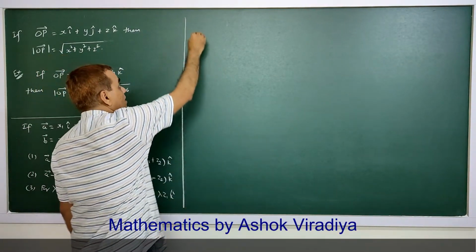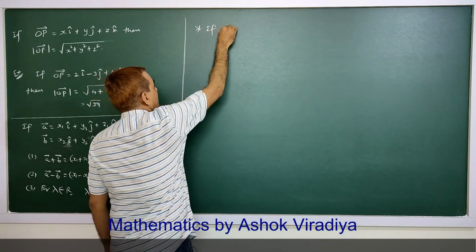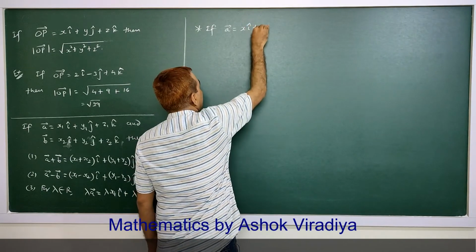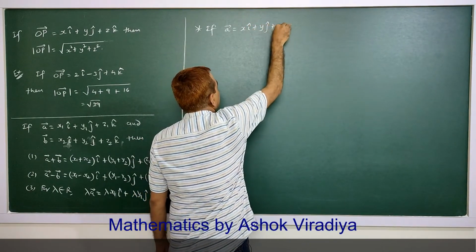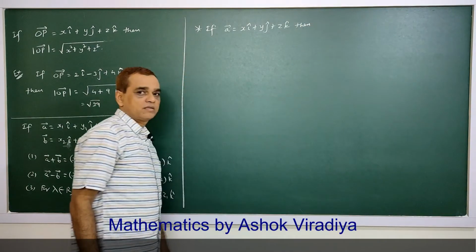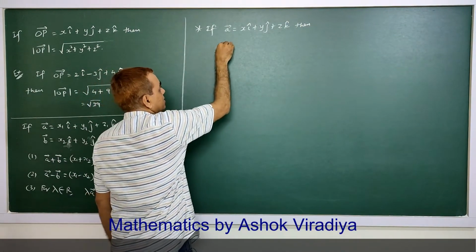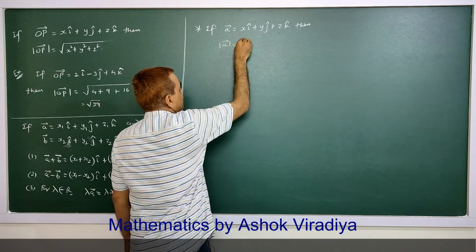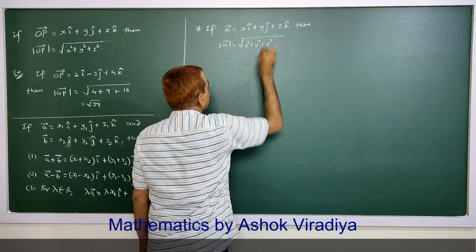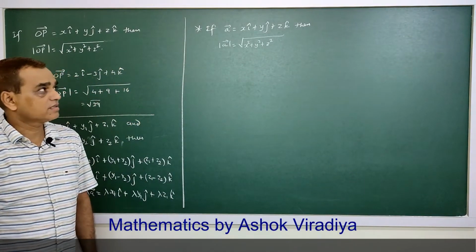Then say if vector A is x i cap, y j cap, z k cap, then its magnitude is square root of x square plus y square plus z square.